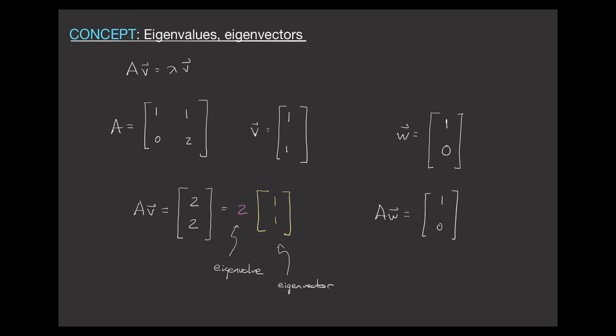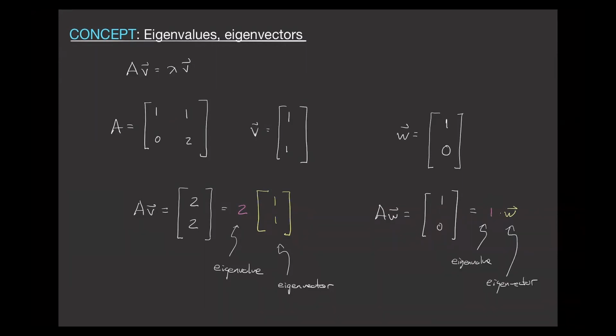And now notice this is just W. It's 1 times W. So again, what we have is an eigenvector and an eigenvalue.